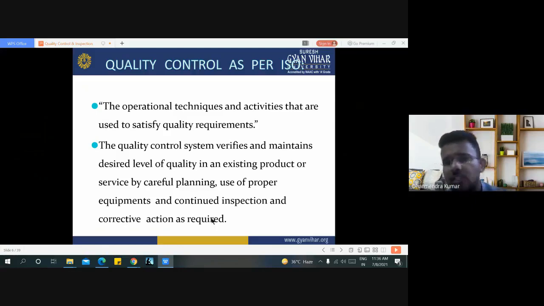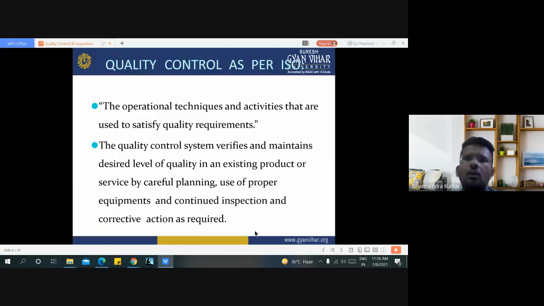On the basis of the usage of proper equipment, the proper machining process, and continued inspection, if we find any error or more deviation in the final product, then corrective action is required, for changes in planning, process, machine, and raw material.